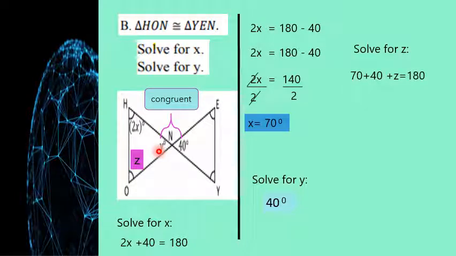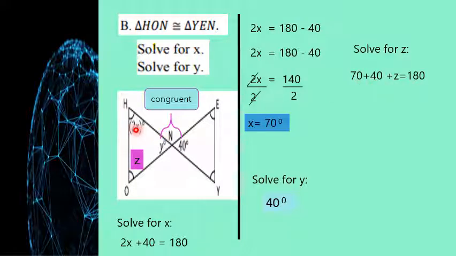70 plus 40 plus z equals 180. By the way, we use 180 degrees for the angles because this is a triangle. So the triangle must be 180 degrees, the measurement inside this one. Also this one. Now 70 plus 40 plus z equals 180. Where do you get the 70 plus 40?